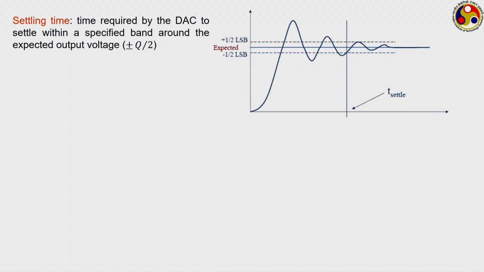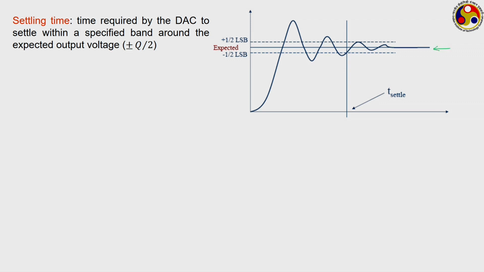Another property of importance is the settling time. Settling time refers to the time required by the converter to settle within a specified band around the actual output, and the width of this band generally is equal to the resolution itself, so the band can be specified as plus minus q by 2, just like this. Here this line represents the expected output.